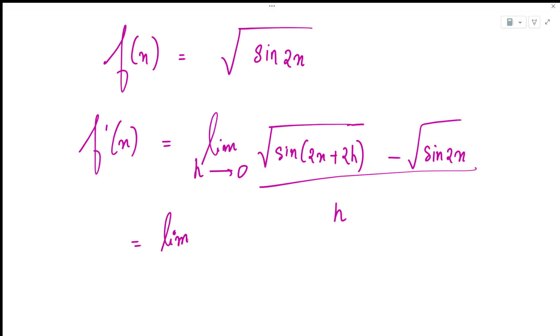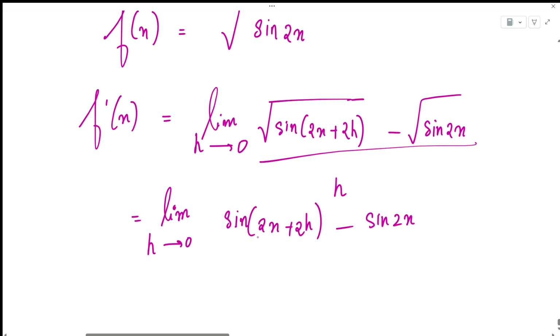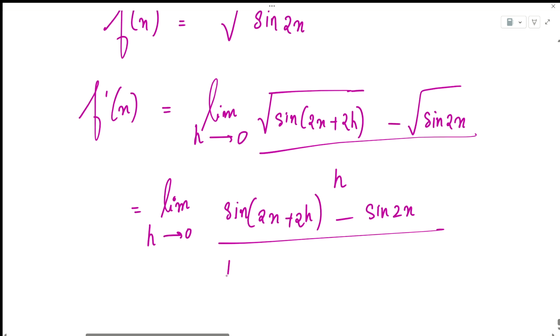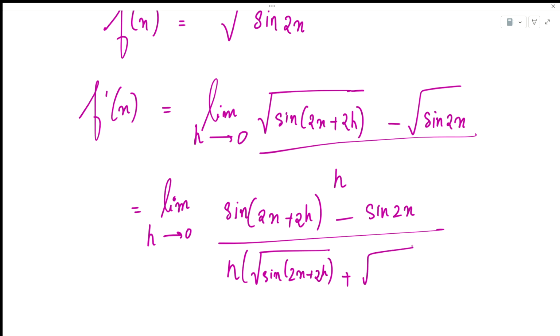Firstly, you rationalize this. If you rationalize, we'll have sine of 2x plus 2h minus sine 2x on the top. On the bottom I'm going to have h times square root of sine of 2x plus 2h plus square root of sine 2x.